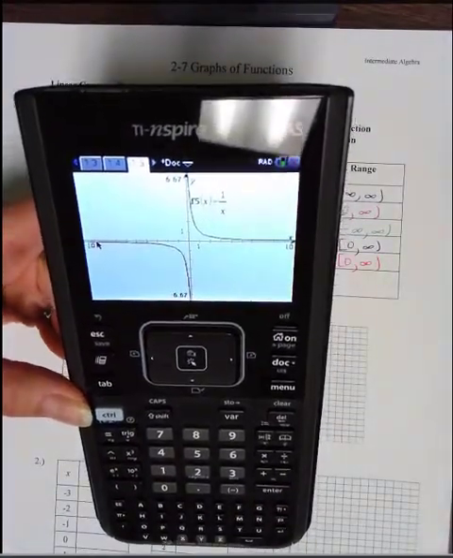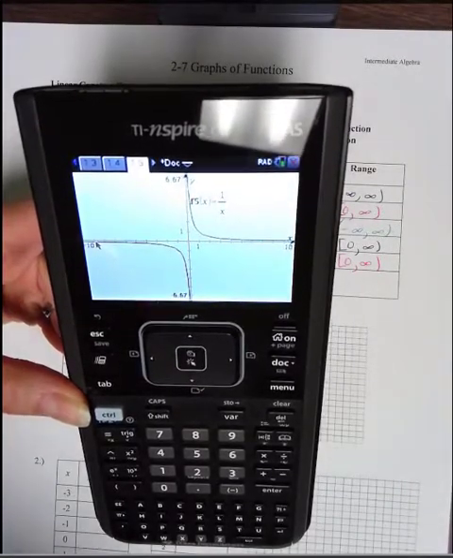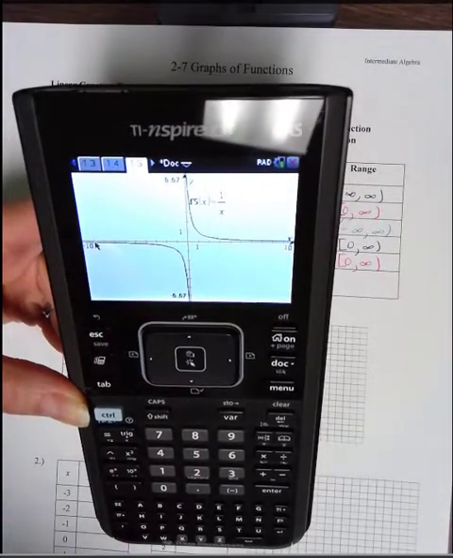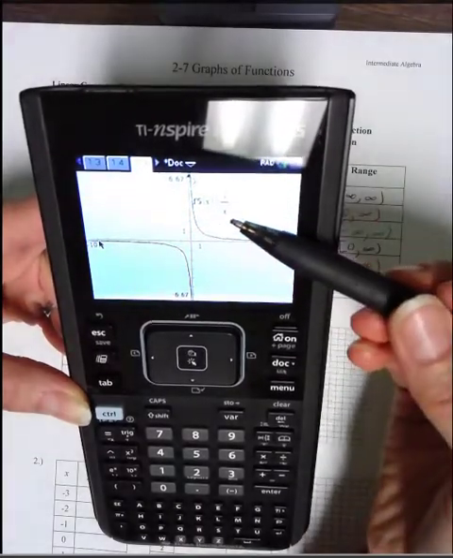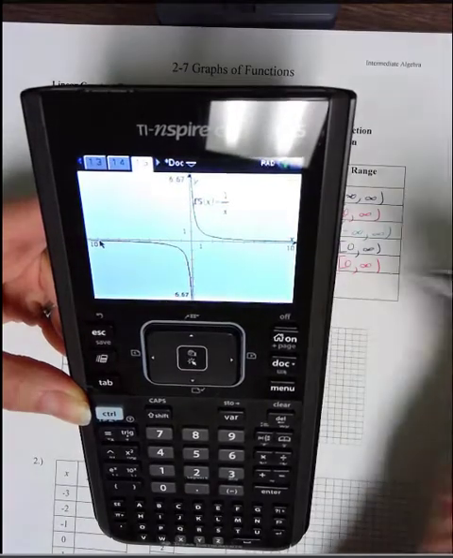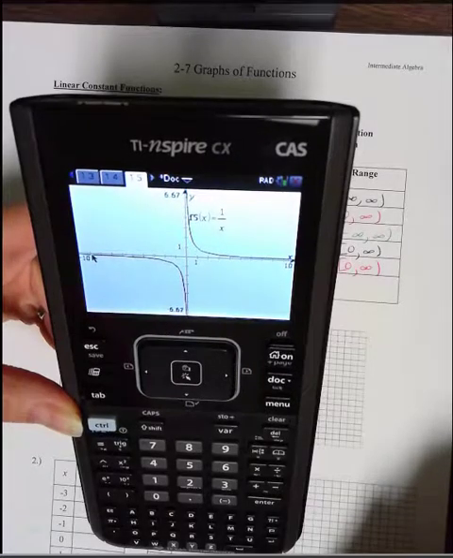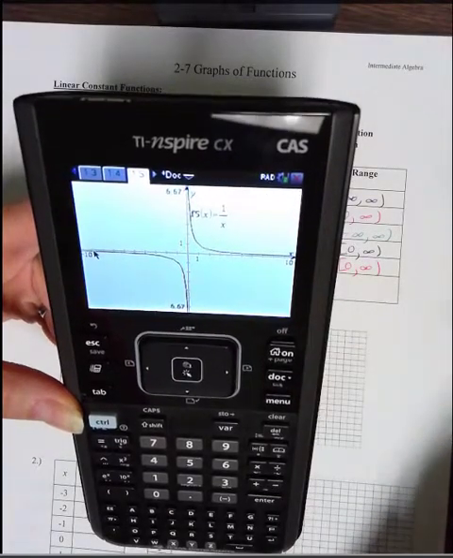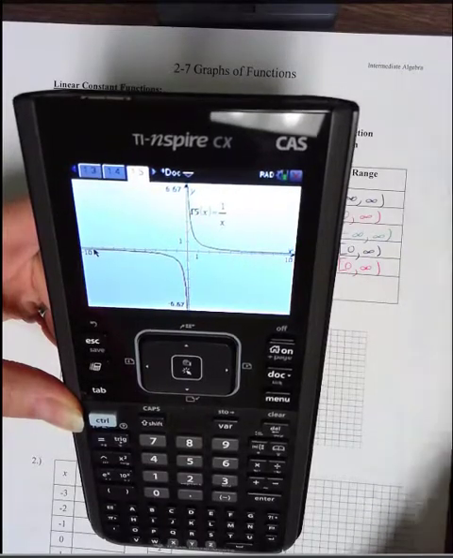Okay, and so you notice this is a somewhat unusual graph because we can't have 0 in the denominator. And so if you can't have a 0 in the denominator, and we already know that 1 is in the numerator, there's no way that we could get this function to equal 0. So 0 is not part of the domain, nor is it part of the range.